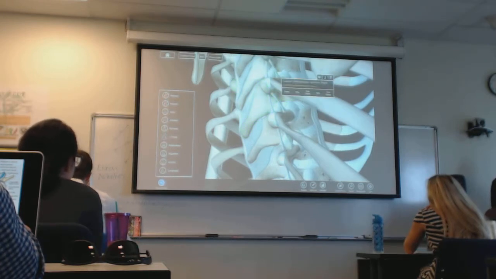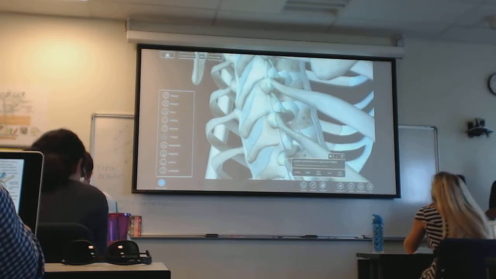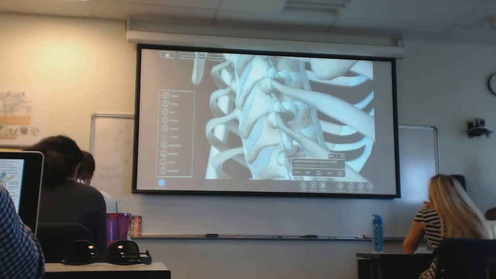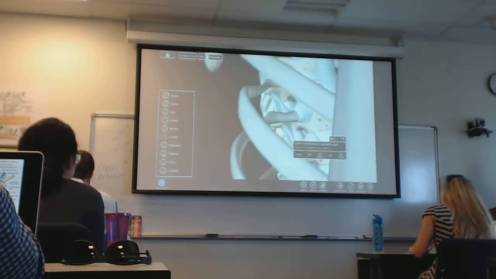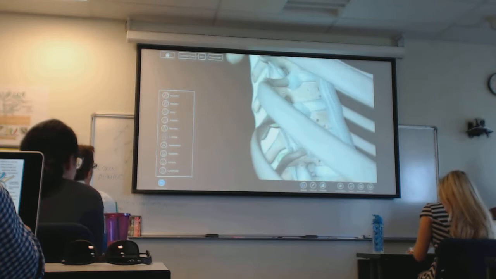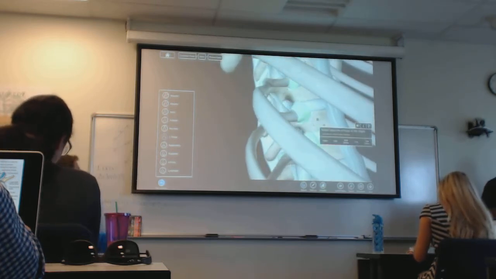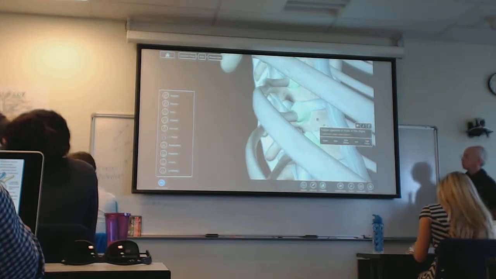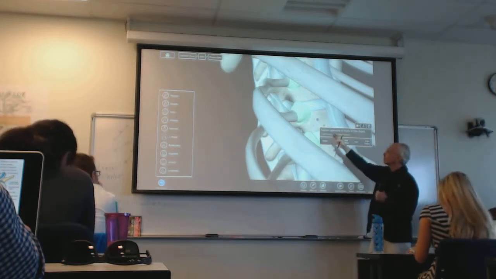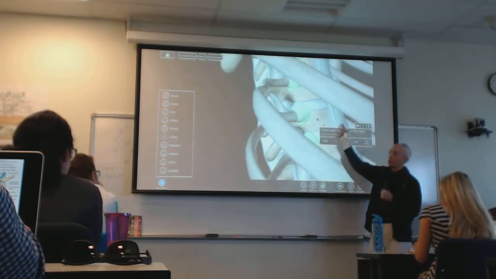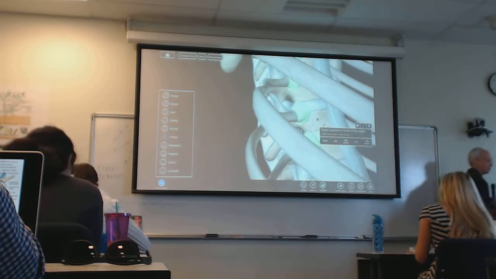So those are costotransverse ligaments that you would find only in the thoracic region. Excuse me, as I have trouble pointing in the right direction. And then the other thing I wanted you to pay attention to and be familiar with, notice where the head of the rib adjoins the vertebra. The binding ligament there is called a radiate ligament, radiating all the way around the joint.